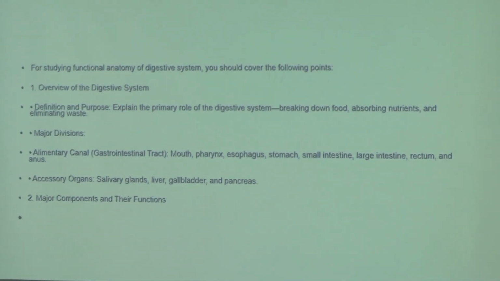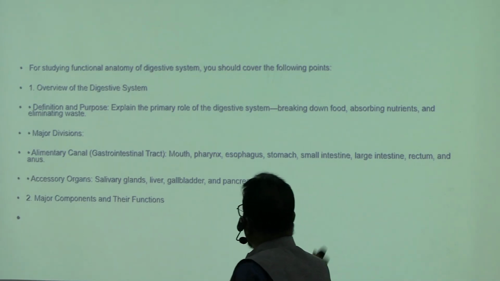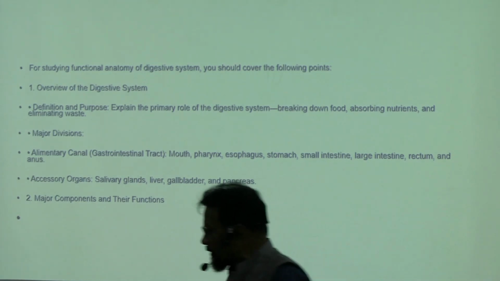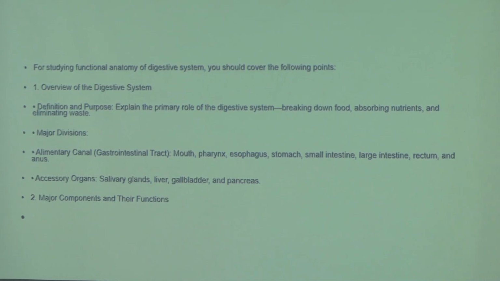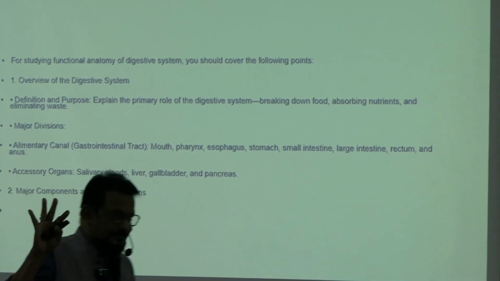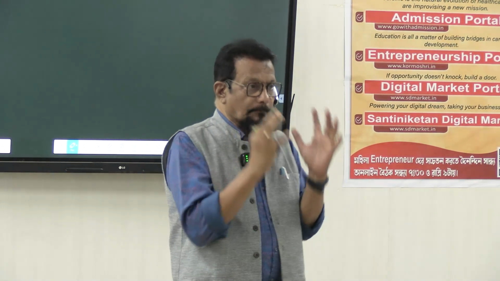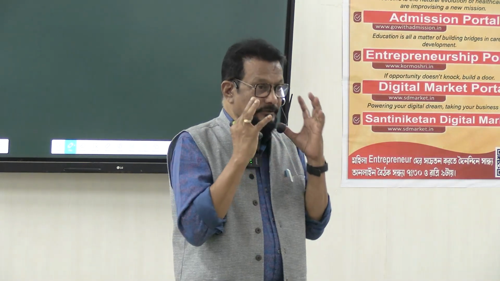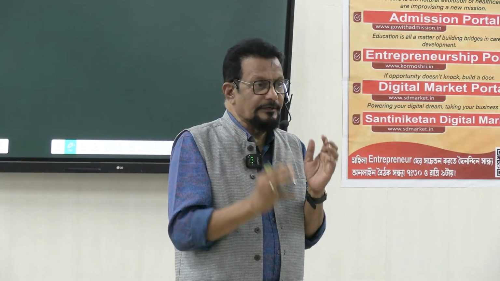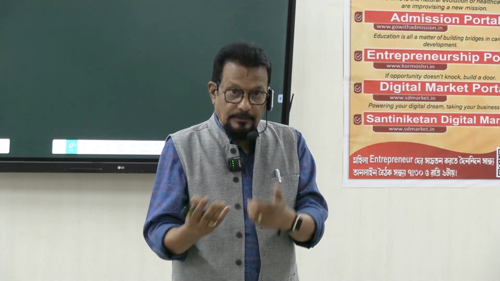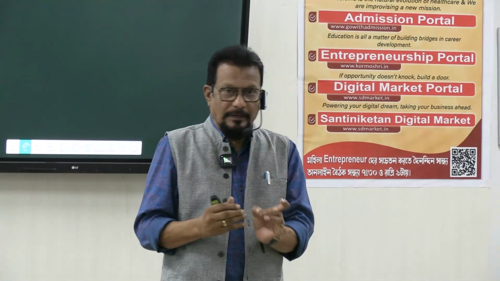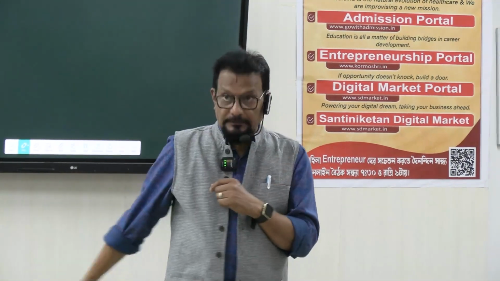To study the functional anatomy of the digestive system, you should cover the following points. First, an overview of the digestive system. What is the digestive system? It is a system by which we make complex nutrients, complex edible foods, into simpler ones that are absorbable from the lumen of the GI tract into the blood.